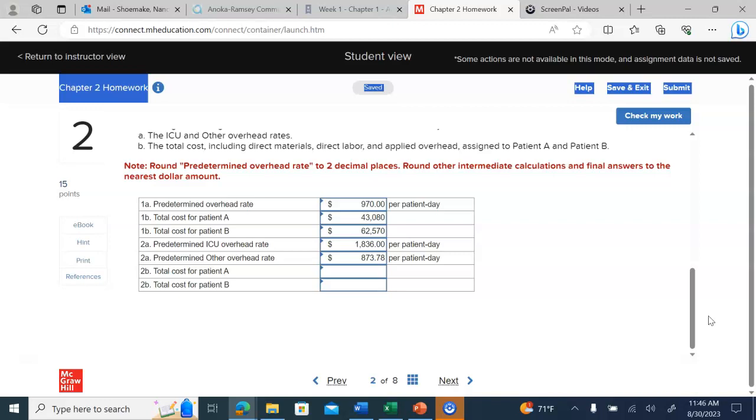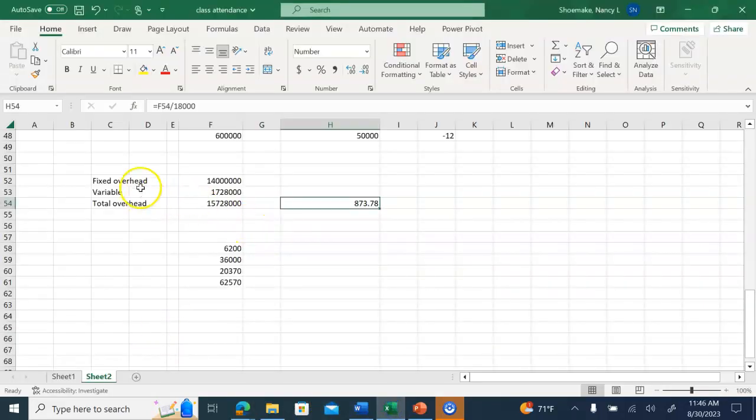Which should total $4,500, and I said 25,000 direct labor.